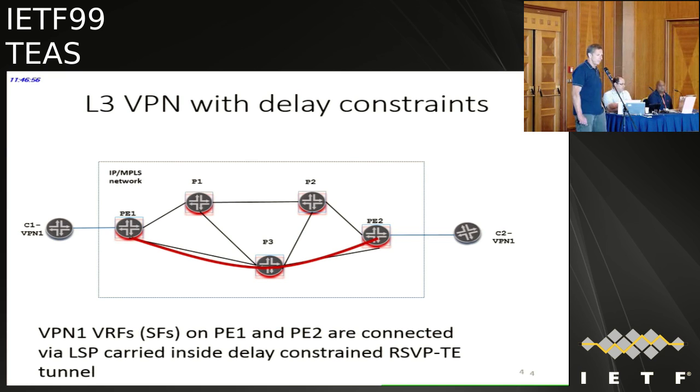Right. So just a simple example. When we want to have a layer 3 VPN, which also has, say, delay constraints, the way we usually do it is we set up a TE tunnel between the P routers, which is properly constrained, and then we connect VRFs over this tunnel, the LSPs connecting these VRFs over this tunnel.